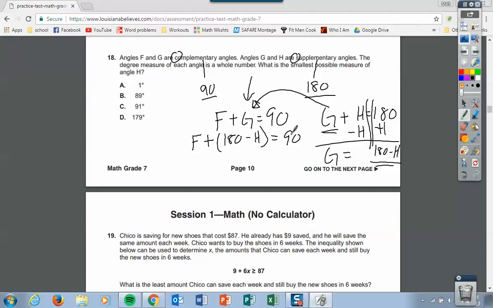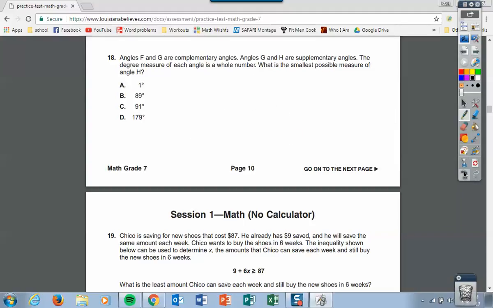Actually, don't do that. There's a much easier way. So again, these add up to 90, these add up to 180. I want H to be as small as possible. If I'm adding these two angles, I want G to be as big as possible, so that H can be smaller.